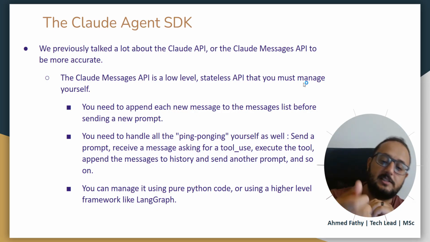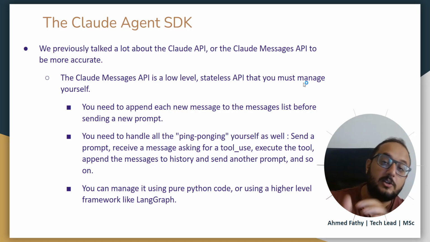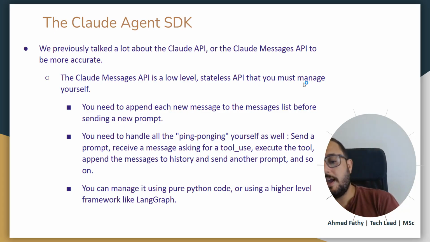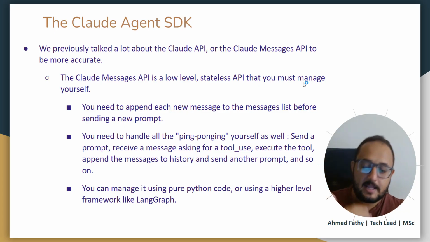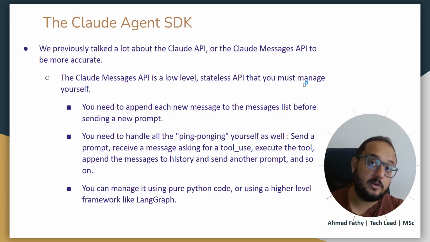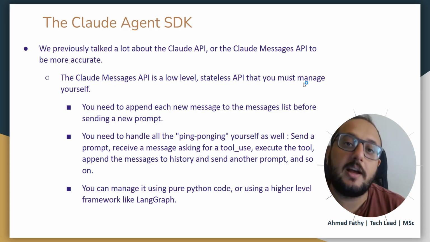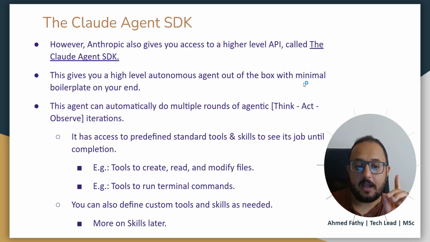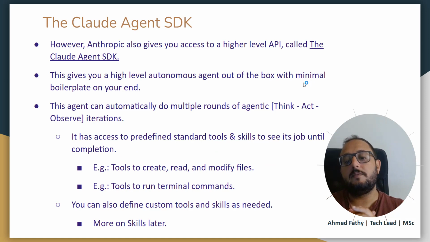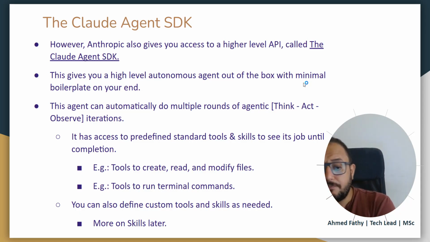I mean, send a prompt, receive a message asking for a tool use, execute the tool yourself, then append the messages to the history and send another prompt and so on. You can manage it using pure Python code like we saw in previous questions or using a higher level framework like LangGraph. However, Anthropic also gives you access to a higher level API called the Claude Agent SDK.